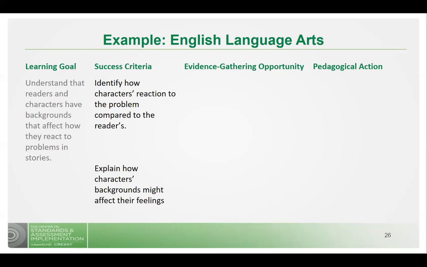In this case, the teacher focused on these particular criteria because the text allowed the students to find instances of how the characters' backgrounds affected their feelings. As you can see here, the success criteria are visible. You can actually see students write, say, or do something to show that they know.